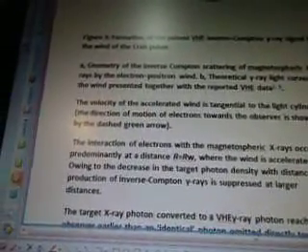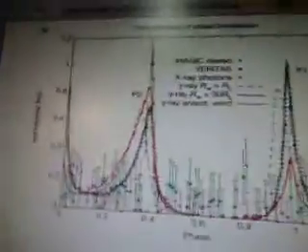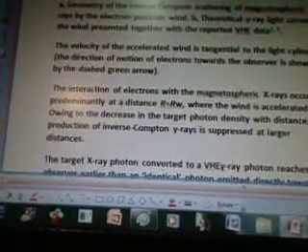Okay. The velocity of the accelerated wind is 10 g. To the light cylinder, the direction of motion of electrons toward the observer is shown by the dashed green arrow. Here's your dashed green arrows. The interaction of electrons with the magnetosphere X-rays occurs predominantly at a distance r equals rw, where the wind is accelerated.